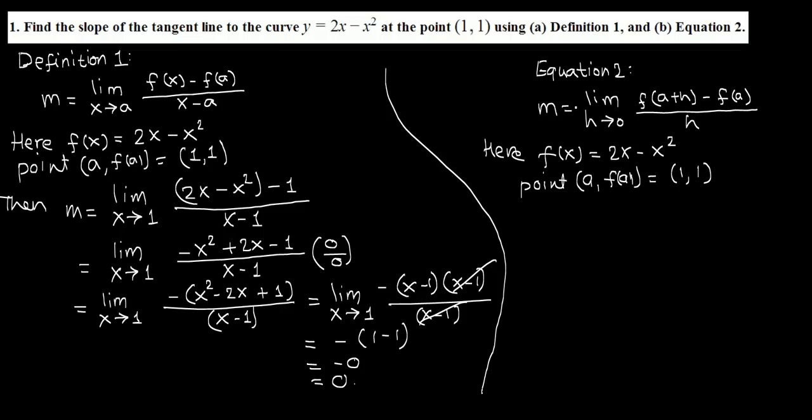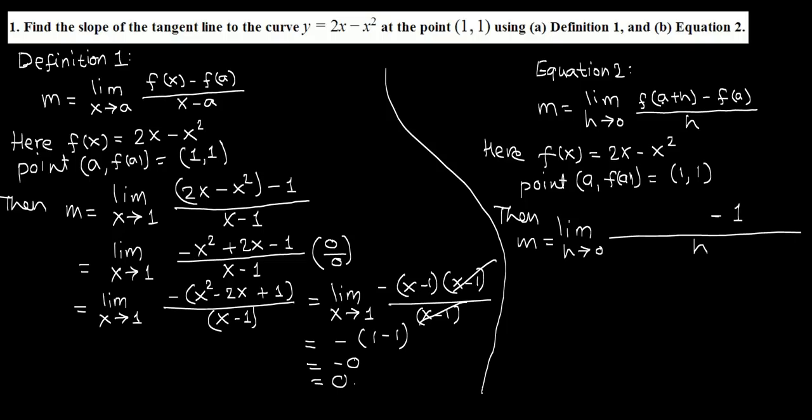Now let's use this formula. Then the slope is given by the limit as h goes to 0, h on the bottom, and on the top, f(a plus h) minus f(a), that's the corresponding y-coordinate for 1, so 1.